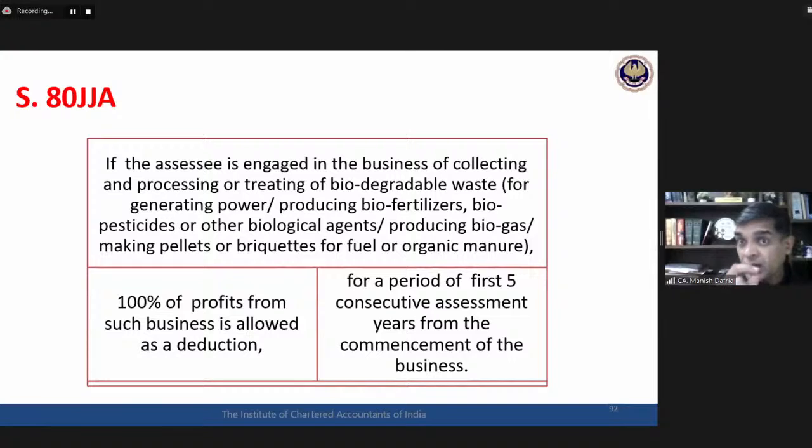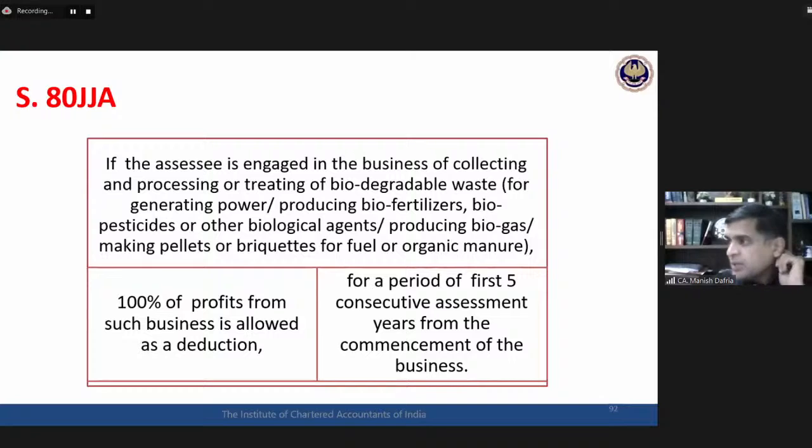So if you are able to get it, they are actually combining 2 different activities. One is collecting and second is processing or treating. Processing or treating is kind of synonymous. It is one and the same. So there has to be a collection and then there has to be a processing of biodegradable waste. I am entitled to this 80JJA only when I do both of these activities.